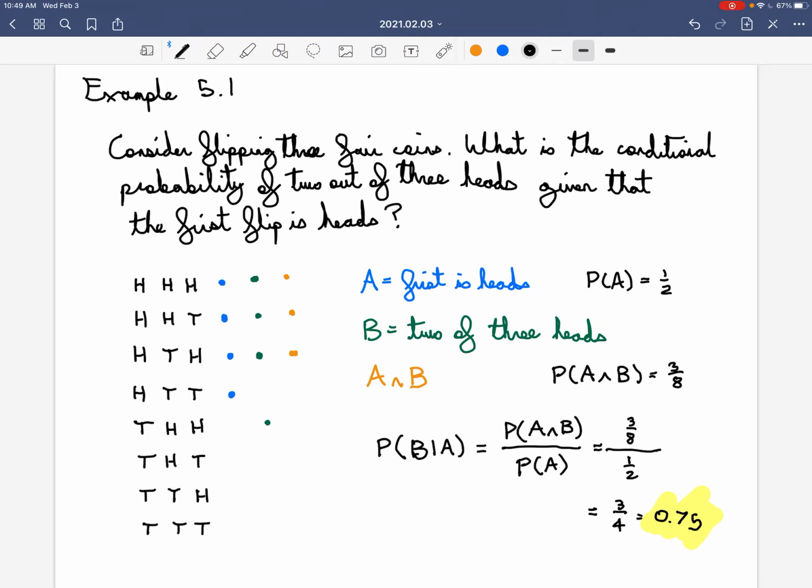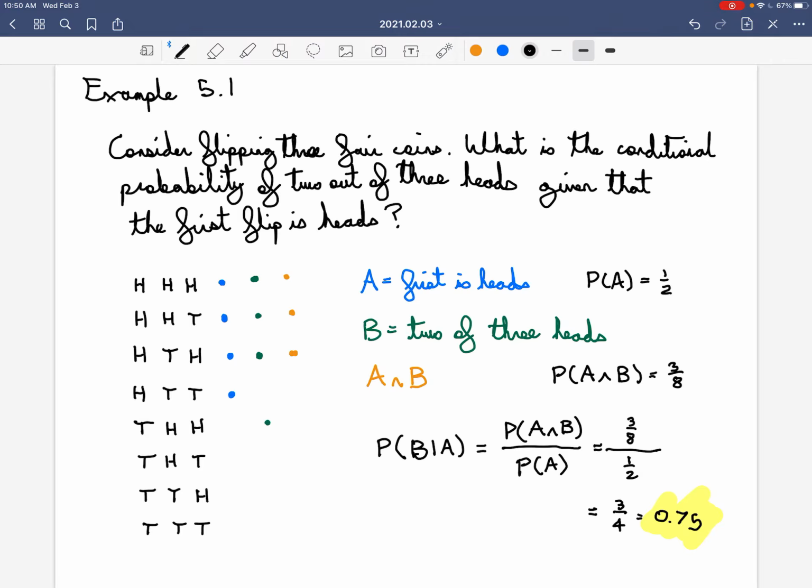We'll call that A. Then we'll define an event where 2 out of the 3 flips are heads, and we'll call that B. And what we're doing is looking for the conditional probability of B given A.